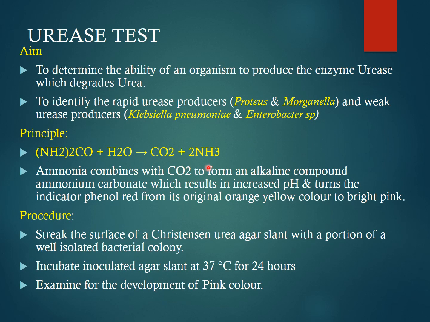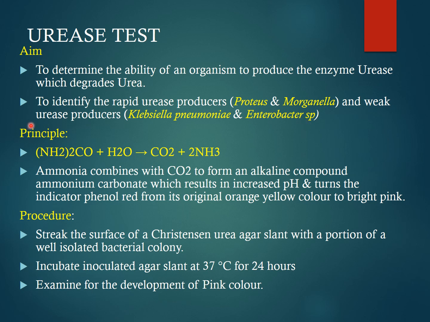Finally, urease test. It is used to determine the ability of an organism to produce the enzyme urease, which degrades urea, and it is also used to identify the rapid urease producers such as Proteus and Morganella species, and weak urease producers such as Klebsiella and Enterobacter species.